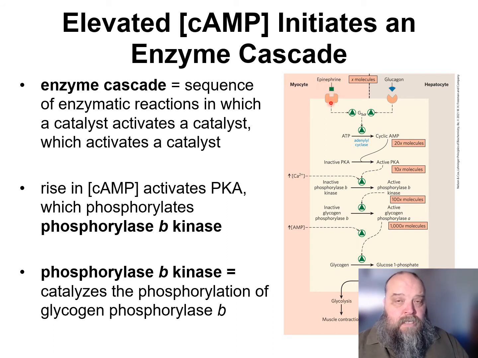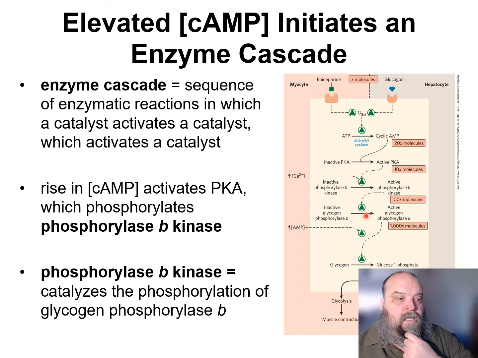Epinephrine binds its receptor, activating a G protein. One of the targets of the G protein is activating adenylyl cyclase. Adenylyl cyclase takes ATP, turns it into cyclic AMP. Cyclic AMP will activate PKA. Active PKA activates phosphorylase B kinase. Remember, it's a kinase, so it's going to strip off a phosphate from ATP, targeting something.